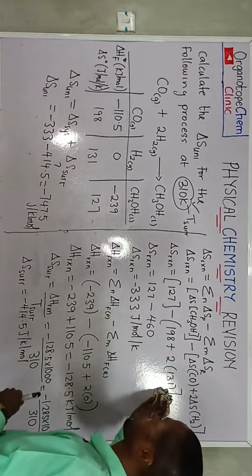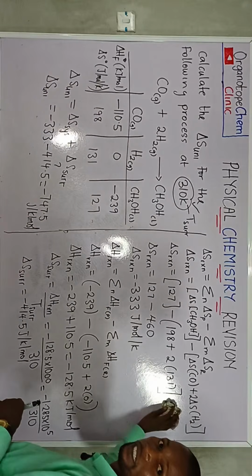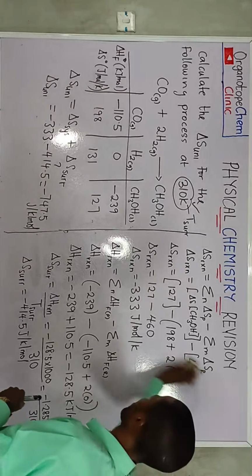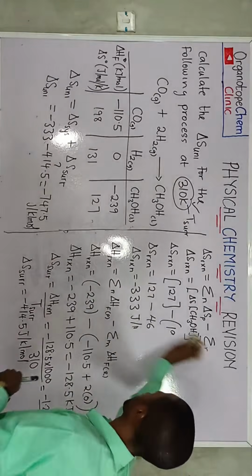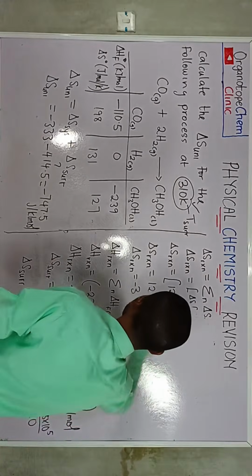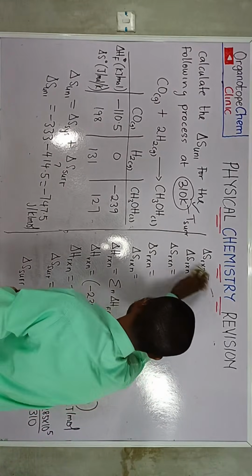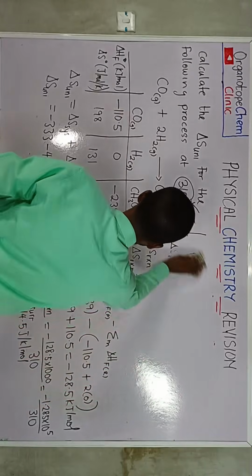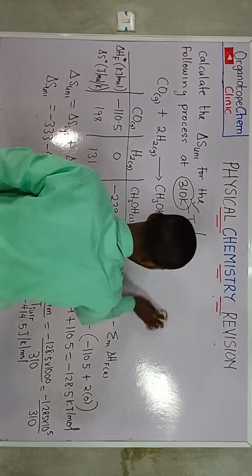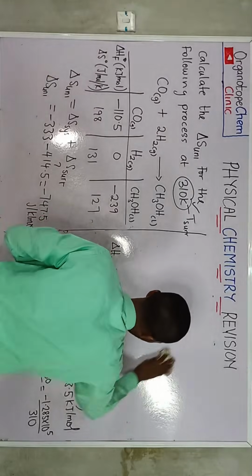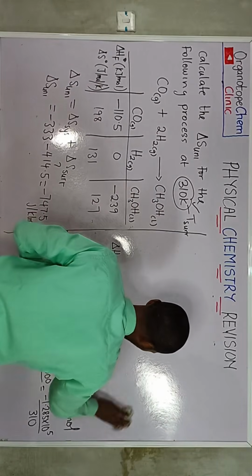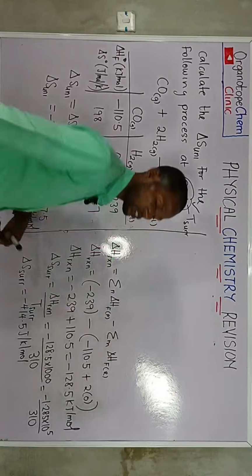The entropy change of all perfect crystalline solid is 0 at absolute 0 temperature. Okay?